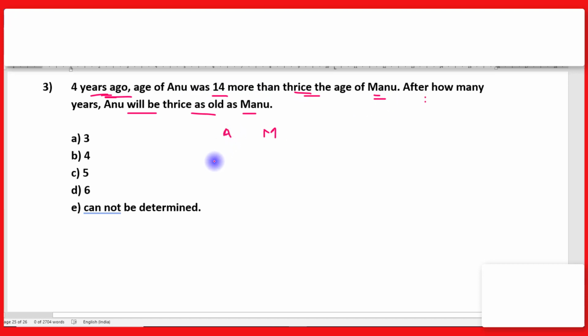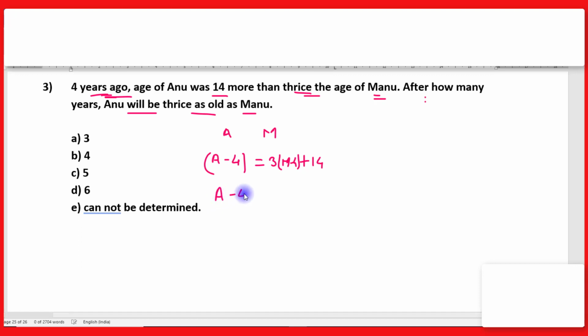So 4 years ago Anu's age will be A minus 4, and this is equal to 14 more, that is plus 14, than thrice the age of Manu, it means 3 into M minus 4, because this is 4 years ago. So 3 into M minus 4 plus 14, and now we will solve this.